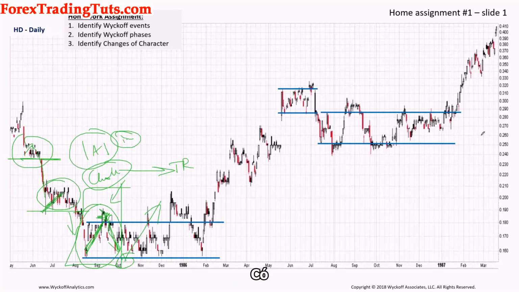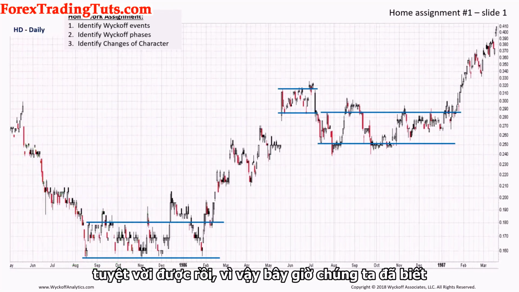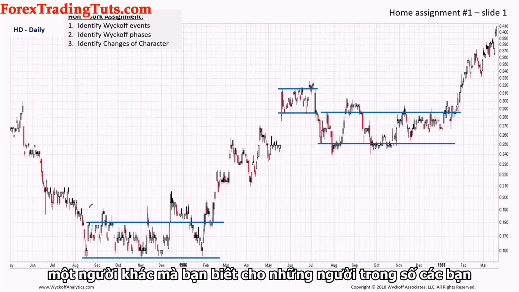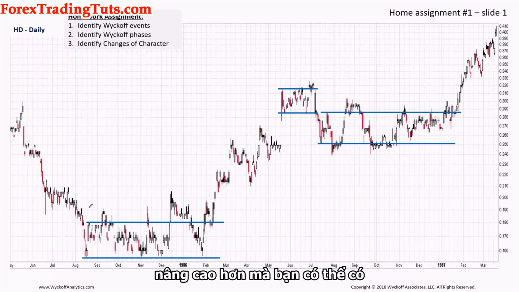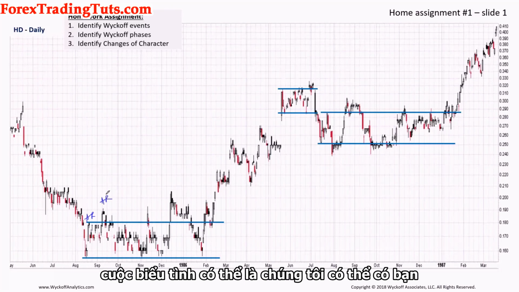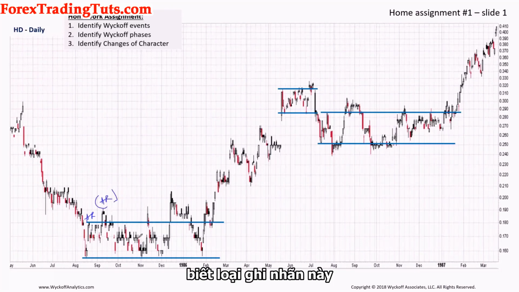Excellent. Okay, so now that we know where phase A is, and by the way, for those of you who are more advanced, you might have a question here, and I'm actually very surprised that nobody's asking it right now. Automatic rally and automatic rally. Could it be that we could have this type of labeling?